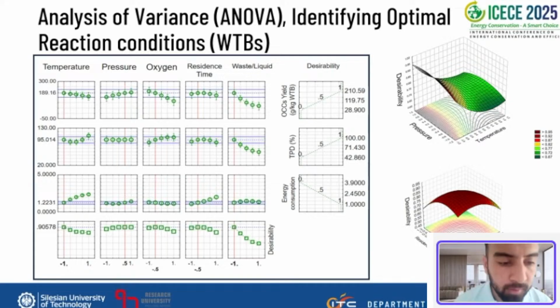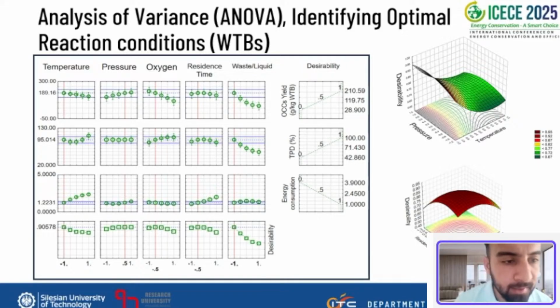Later, on the fourth row, we are seeing the desirability of these parameters, the desirability of increments in these parameters. Very shortly, these red lines show the optimal values of each parameter that should be used to obtain the best results. For example, I will talk shortly about temperature.